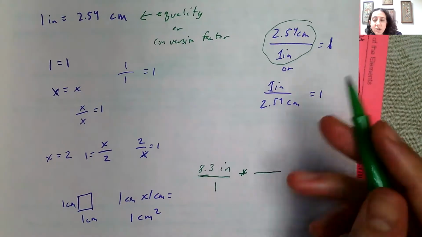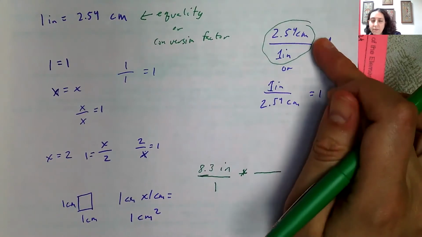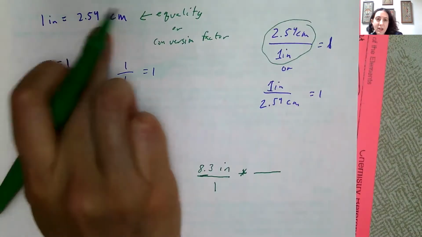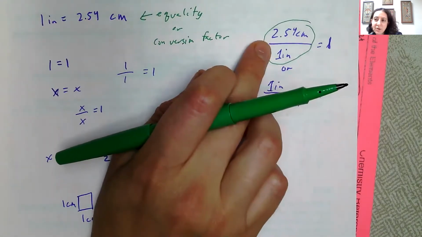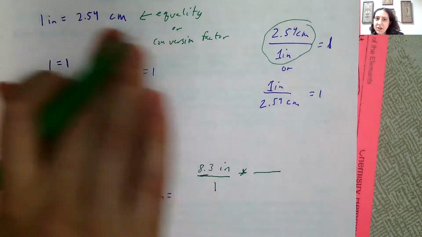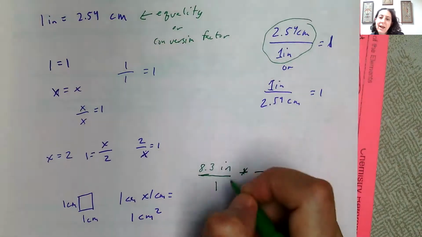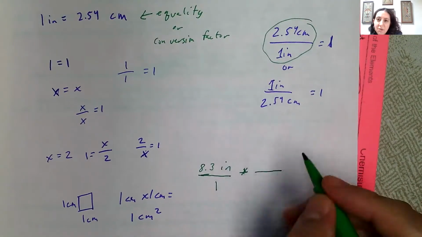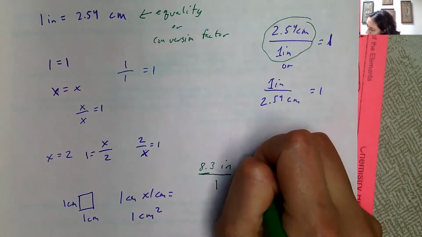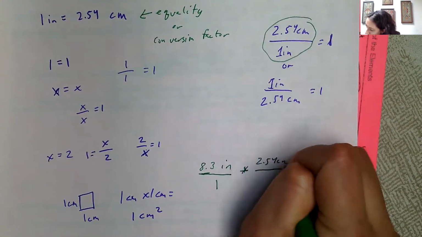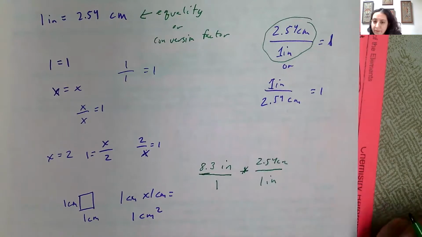Okay, so all I'm going to do is take this equality because I know 1 inch is 2.54 centimeters. I turned it into a fraction. So I just took that information and wrote it in a slightly different form. And now I'm going to put it into my equation. So I'm just going to pick this up and drop it right here. So 2.54 centimeters over 1 inch.